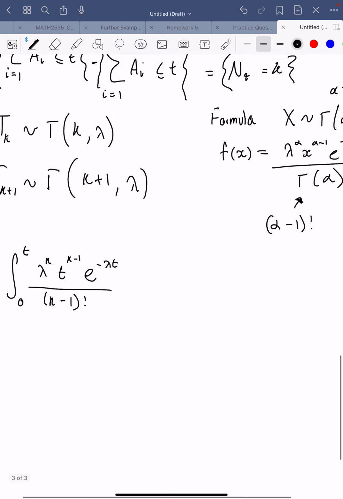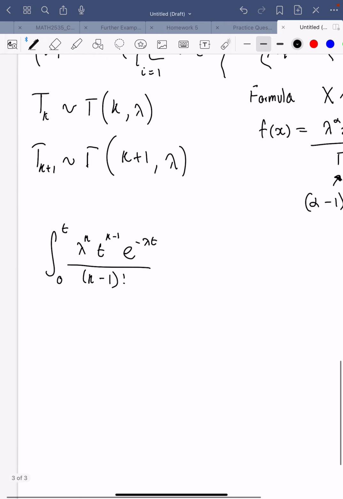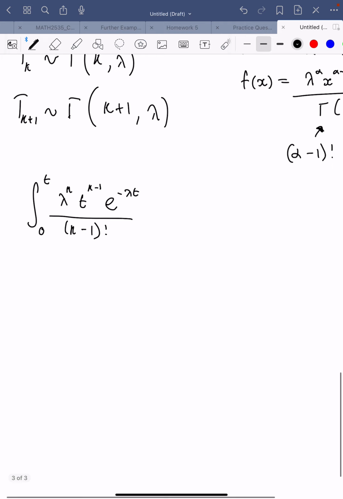Or let's just not make it confusing, let's use x instead, actually.